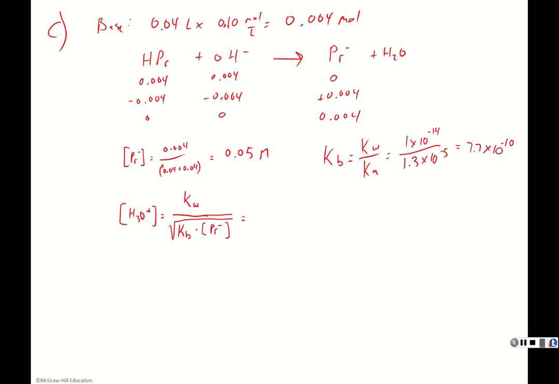You can use the equilibrium expressions to derive these, or you can just remember them for these situations, whichever you prefer.